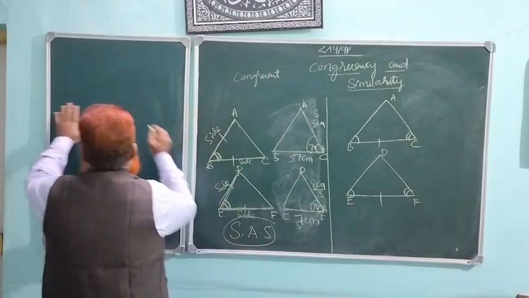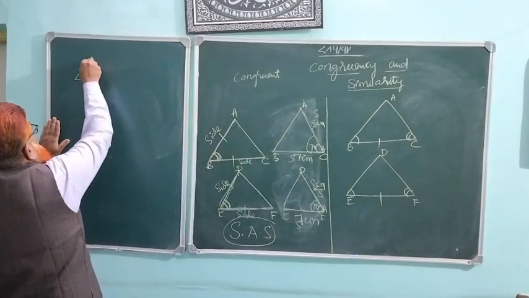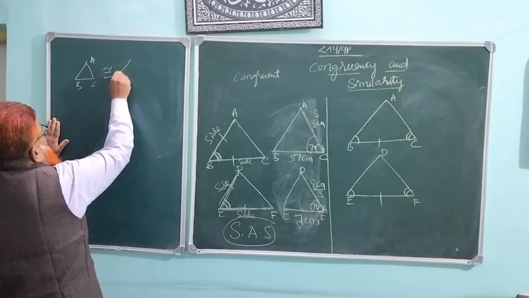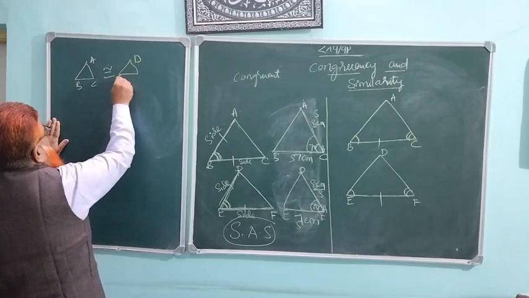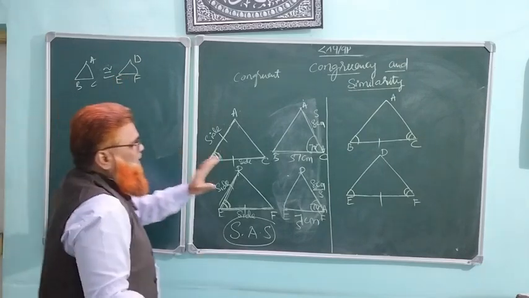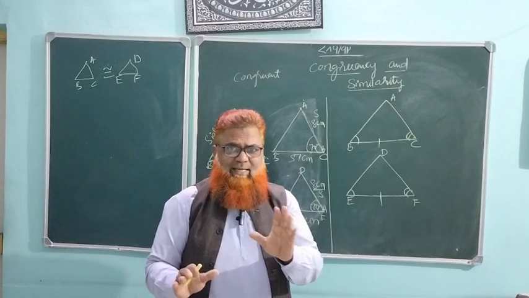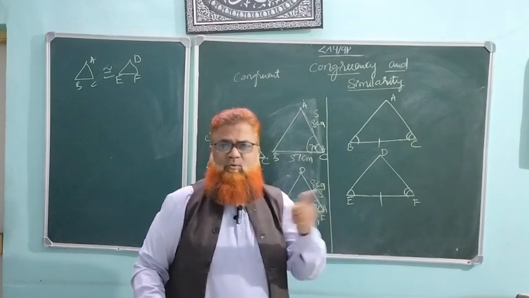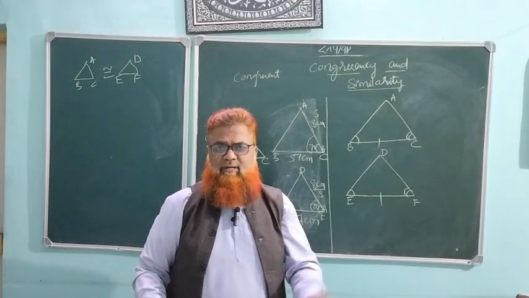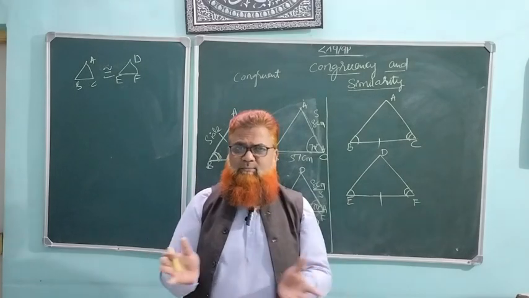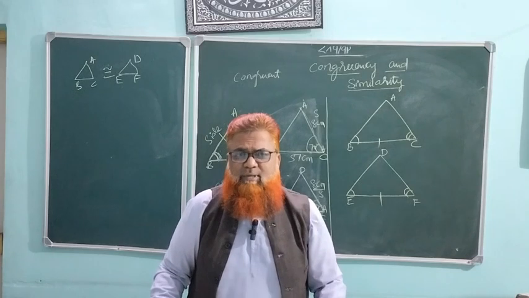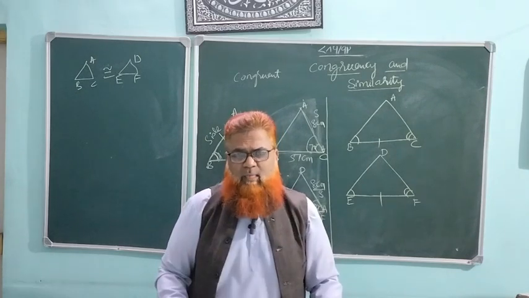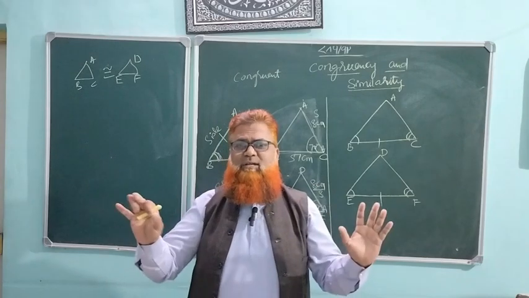If triangle ABC is congruent to triangle DEF, then knowing the two sides and their included angle of one triangle are equal to two sides and the included angle of the other, we say that both triangles are congruent, meaning they are equal in all respects. The remaining sides are also equal.